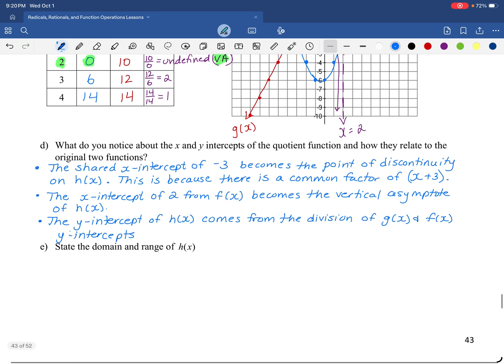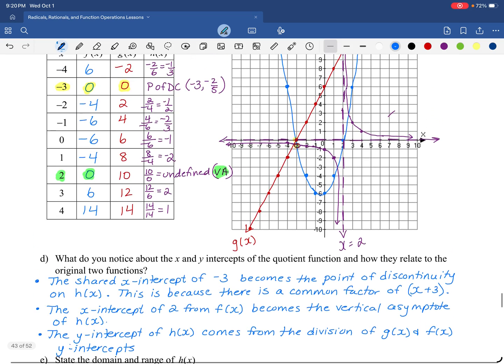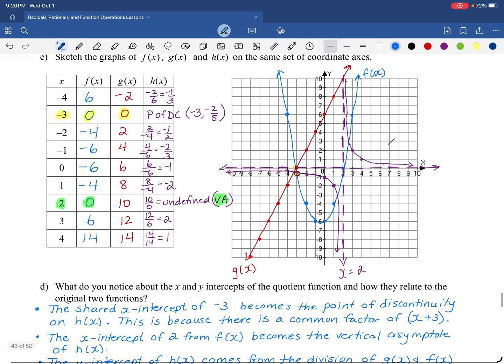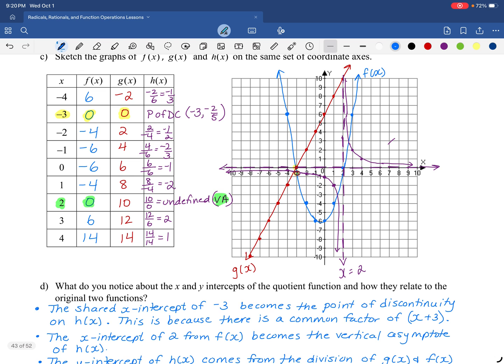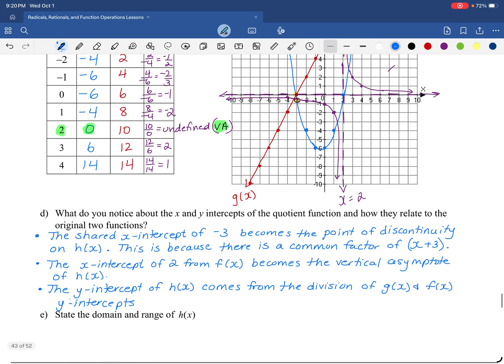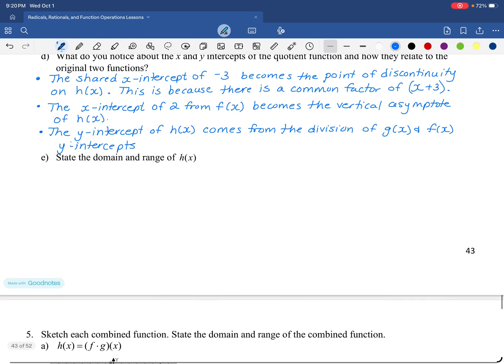Okay, and then I will just show that. Where did we have the y-intercept? So function g was a 6 and a negative 6. Okay, so here we go. I'll just put this here. So if I take g and I divide by f, this was your 6 and this was your negative 6. So that's how you produced that negative 1 on function h.